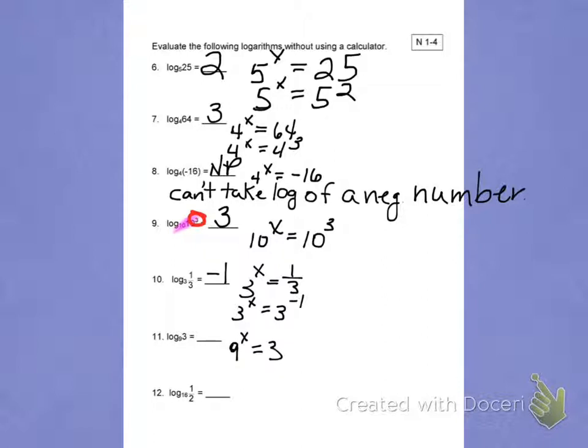Well, the square root of 9 is equal to 3. Okay, so 9 to the 1/2 power, okay, so here 9 to the 1/2 equals 3. And so the answer is 1/2.